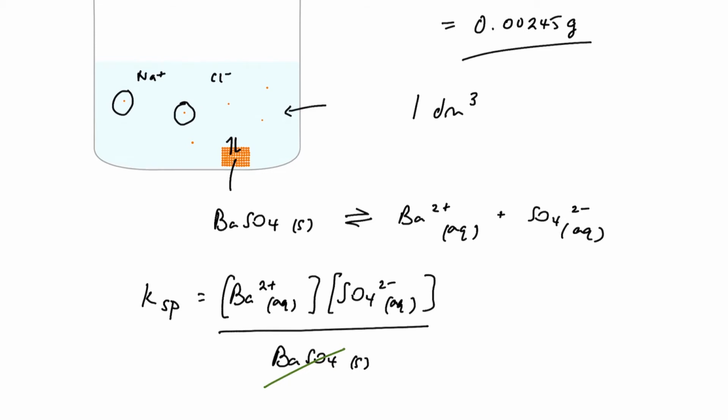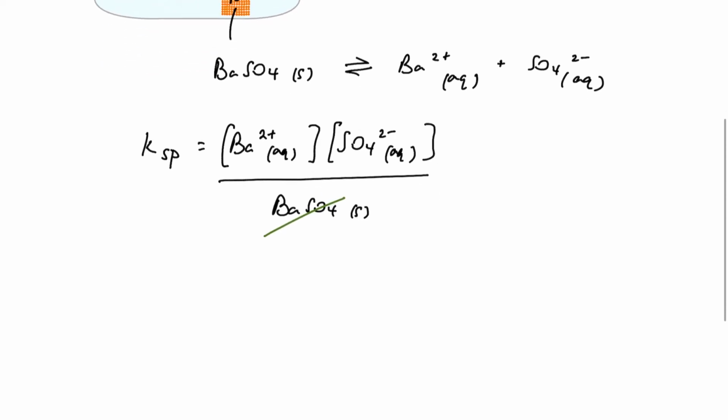We can calculate a value for the solubility product, Ksp, in a very straightforward manner, so long as we know the solubility of our solid. Barium sulfate dissolves to form barium ions and sulfate ions in a 1-to-1 ratio. I know the solubility of barium sulfate, it's 1.05 times 10 to the minus 5 moles per decimeter cubed.